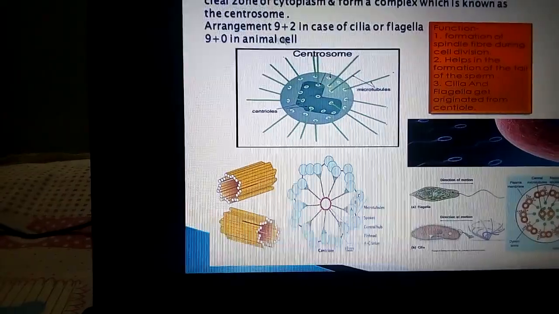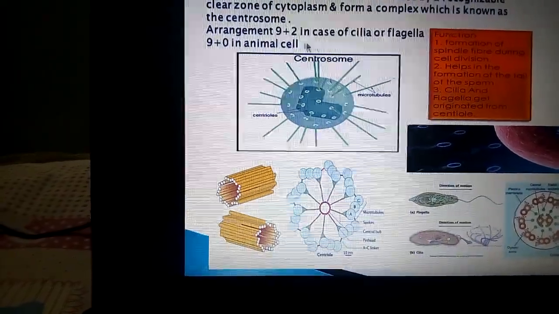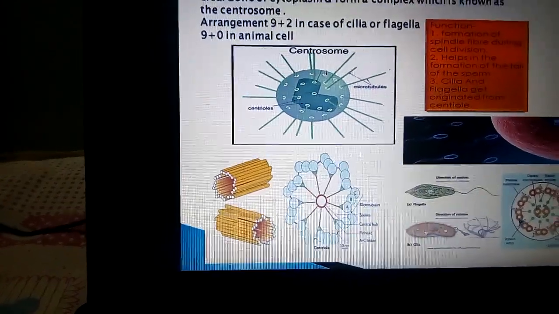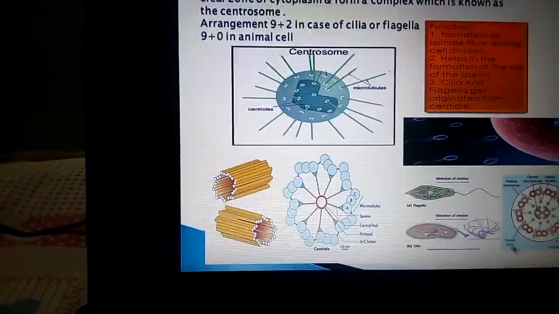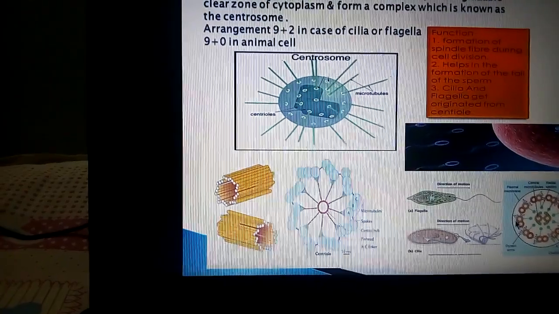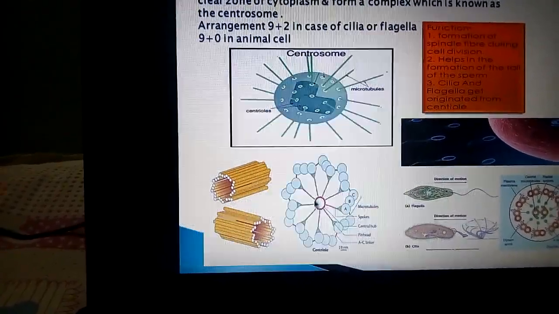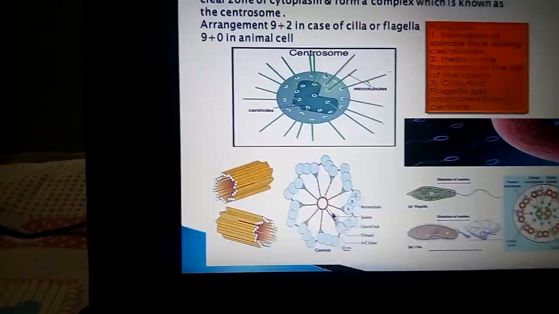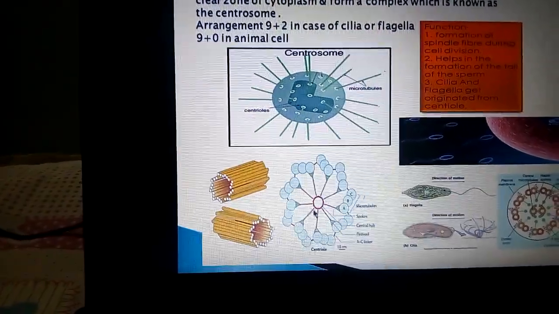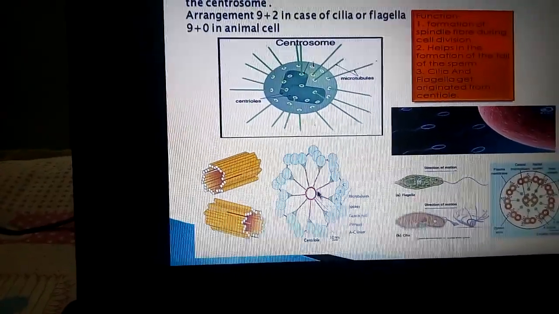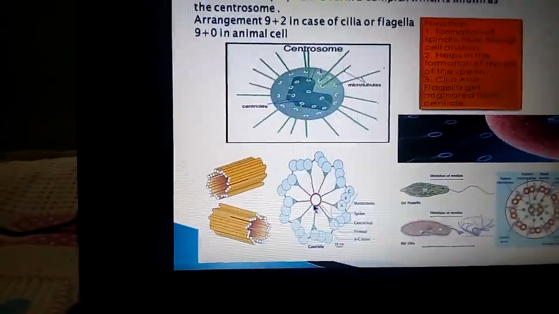But in case of cilia or flagella, the arrangement is 9 plus 2. Here also 9 microtubules are there, but at the central hub there are 2 in number, whereas in the animal cell the central hub is 0.